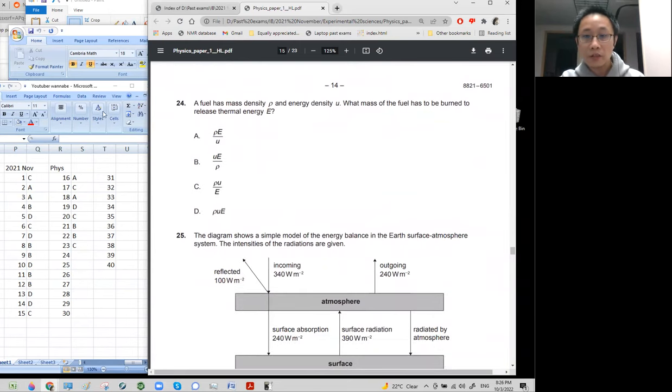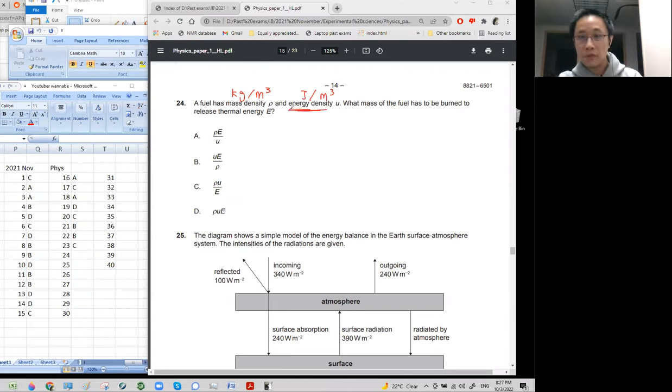24, a field has a mass density and an energy density. What mass of the field has to be burned to release thermal energy E? That's confusing. This is because energy density is known to be joules per volume, and density is kg per volume, mass over volume.